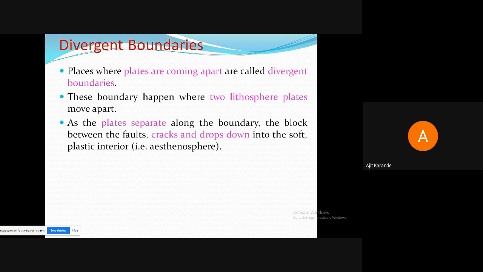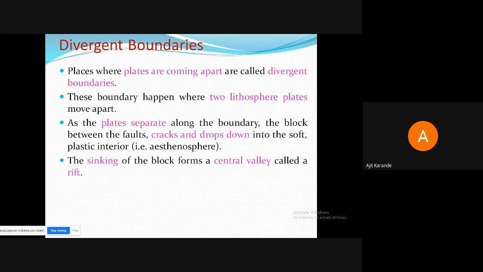It is nothing but the asthenosphere. We had discussed earlier the properties of the asthenosphere and lithosphere. The asthenosphere is somehow a liquid type material. So this particular fault area cracks and drops down into the asthenosphere area.